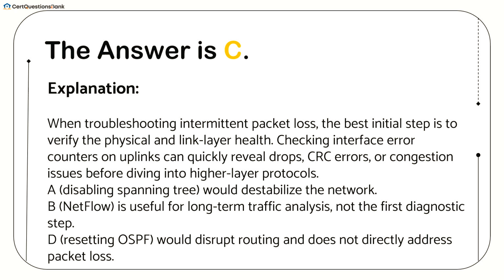A. Disabling spanning tree would destabilize the network. B. NetFlow is useful for long-term traffic analysis, not the first diagnostic step. D. Resetting OSPF would disrupt routing and does not directly address packet loss.